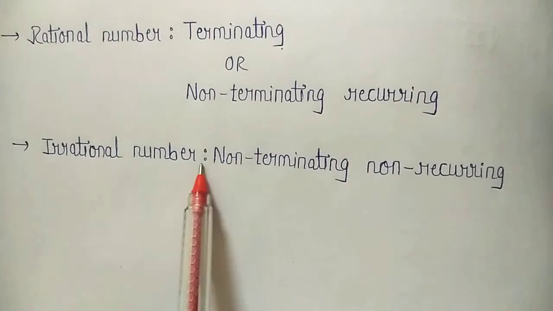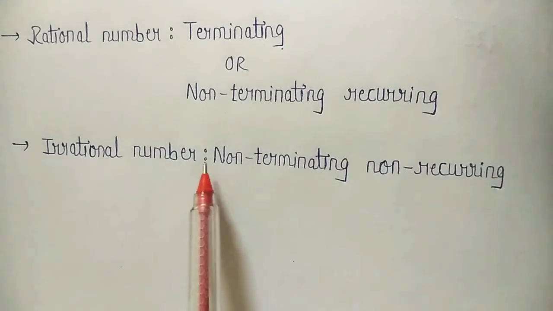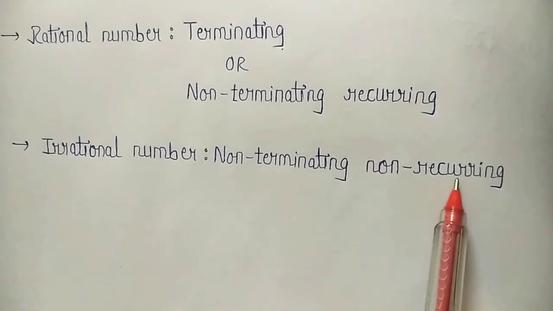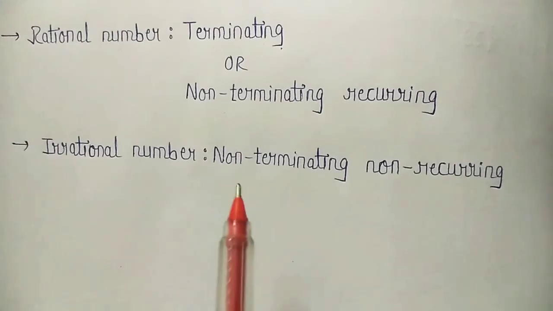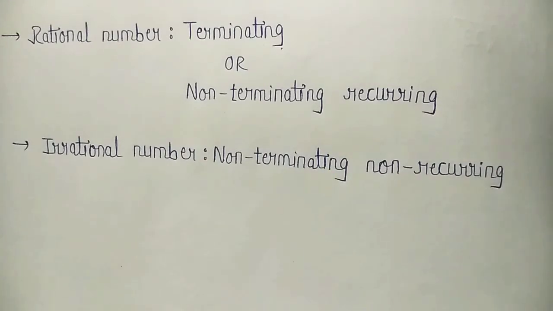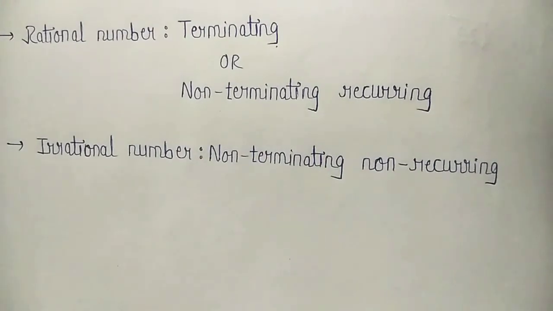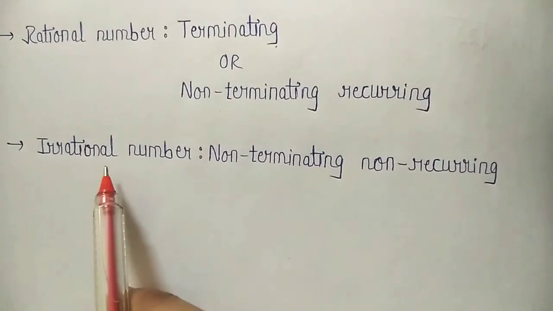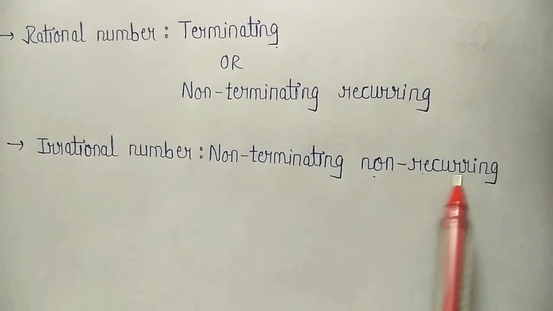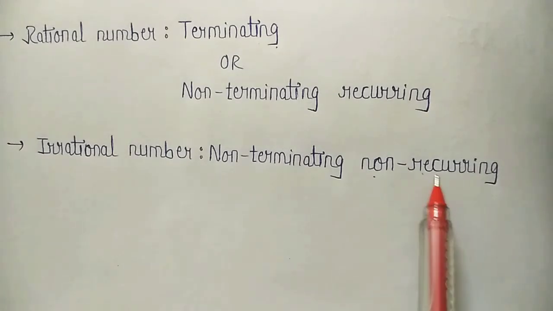What about an irrational number? An irrational number has decimal expansion non-terminating, non-recurring. What does this mean? This means non-terminating is an example of a number irrational, okay, and non-recurring, which means the digits are not repeating.